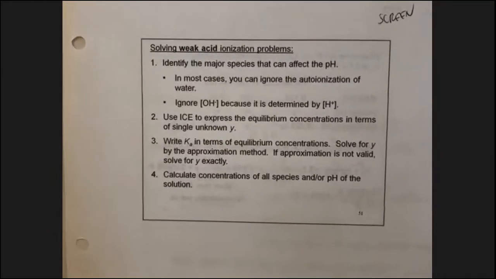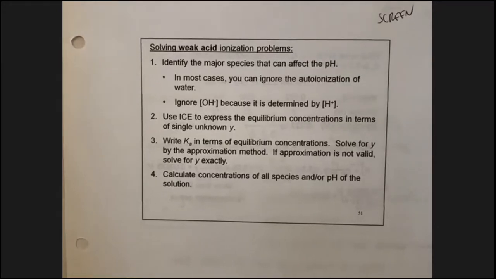Okay, so here's the way we're going to do it. First of all, you need to identify the species that can affect the pH, which is basically your weak acid. In most cases, because water's autoionization is so small, we pretty much ignore it. We also ignore any hydroxide ion concentration because it's usually determined by the hydrogen concentration.